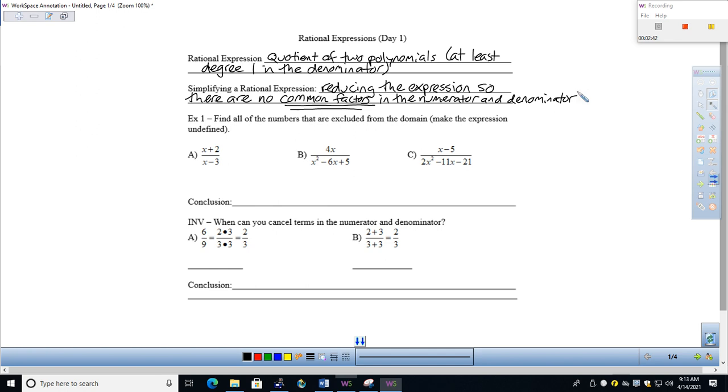So I have a very specific example right here, which we'll go through together, and then just a little investigation, and this one's a huge one, even though it looks very simple in nature, so we'll get to that momentarily as well. So one of the concepts that we have dealing with fractions is that there are restrictions.